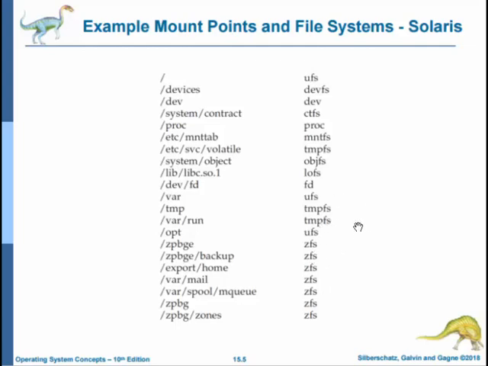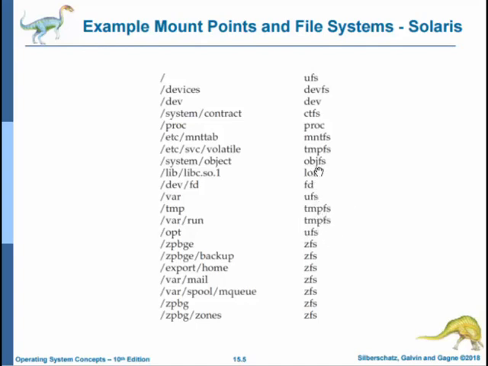So lots of file systems. The TMPFS that you see here is a temporary file system which is created in volatile main memory. That is why it's called a temporary file system, and its contents are erased if the system reboots or crashes.